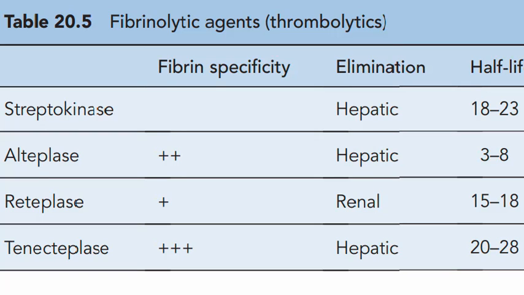Alteplase, reteplase, and tenecteplase are tissue plasminogen activators, serine proteases originally derived from human melanoma cells, similar to genetically engineered recombinant technology (tPA).